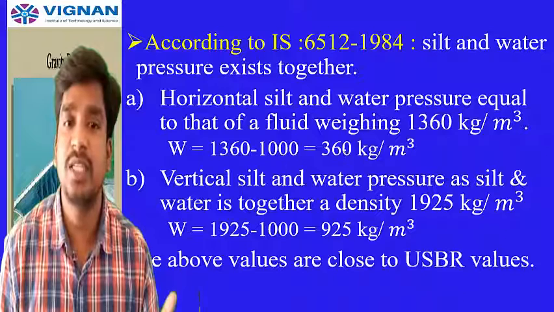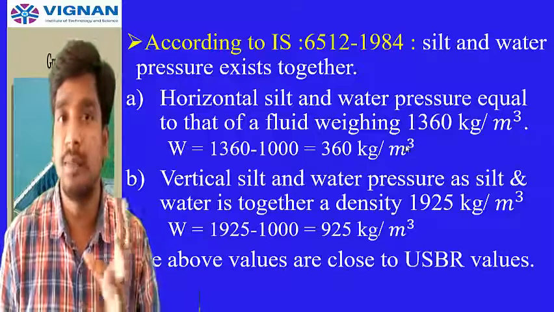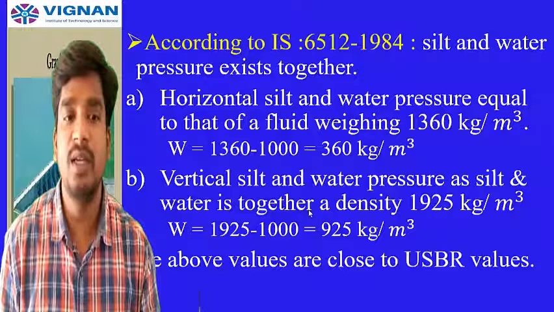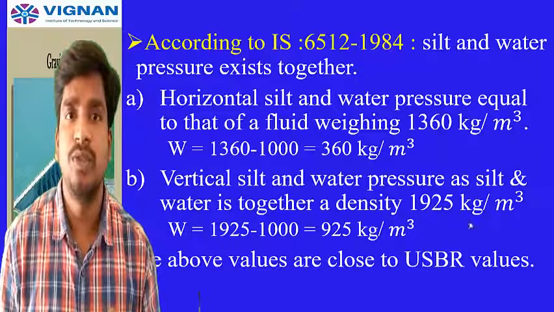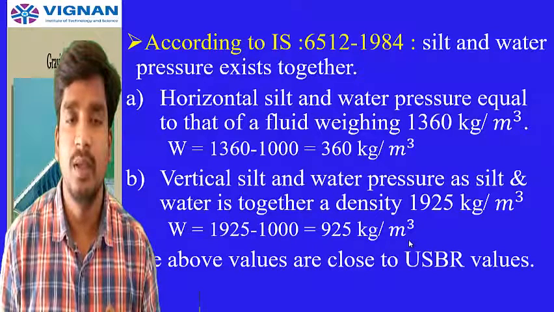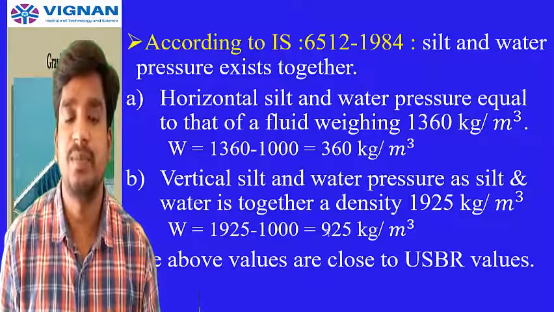If we subtract 1360 minus 1000, then 360 kgs per cubic meter will be the horizontal silt pressure. In a similar fashion, for vertical we take 1925 kgs per cubic meter. If we eliminate the density of water, this is 925 kgs per cubic meter. So this is the vertical silt pressure.